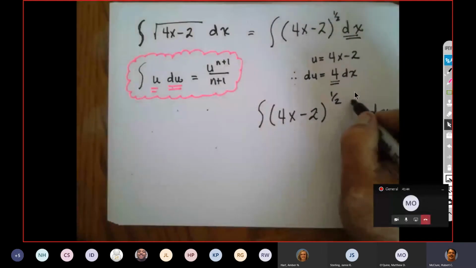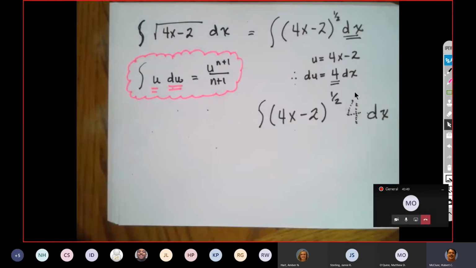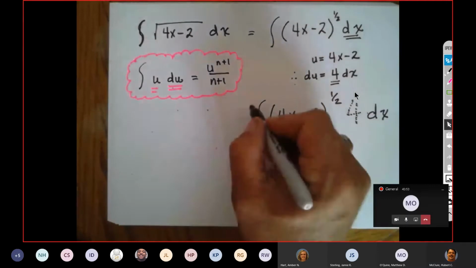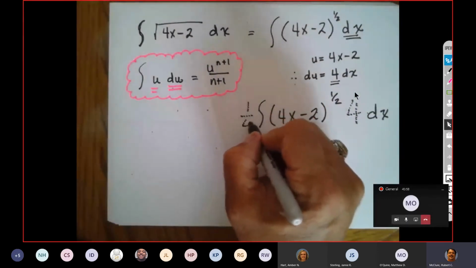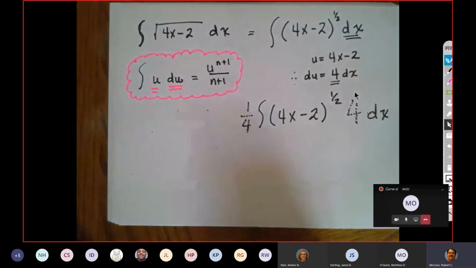I got to have a 4 in front of that dx. And if I put a 4 in the integration, then I've got to put a 1/4 on the outside. Somebody tell me what 1/4 times 4 is.